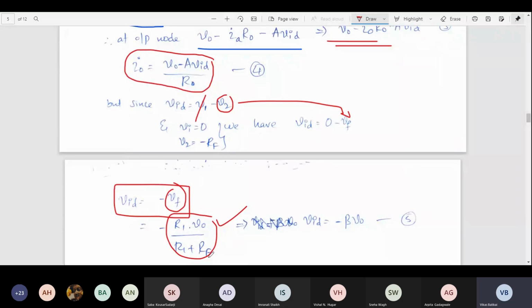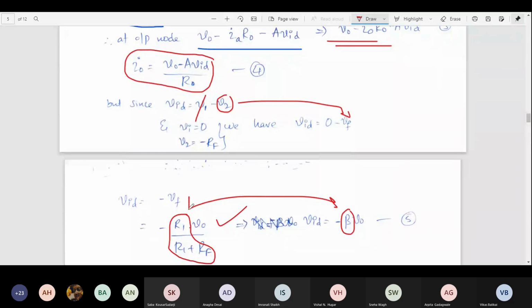Now instead of putting in the entire value, let's put this entire term as beta. Can I replace it with the term beta? That's what we have learned: the feedback network can be termed beta.